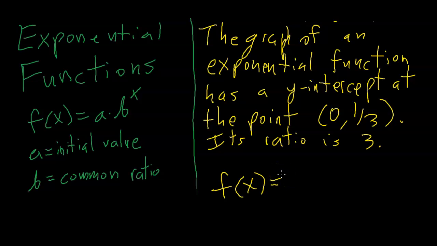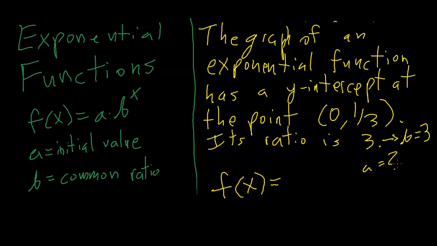Well, we're outright told its common ratio is 3, so we know that b is equal to 3, right? But how in the world do we find a? Well, remember what a is. A is the initial value. And the initial value of a function occurs at the y-intercept. Remember when we had our linear functions, y equals mx plus b, where b stood for the y-intercept of the line we graphed. It also stood for the initial value of the function we were graphing.